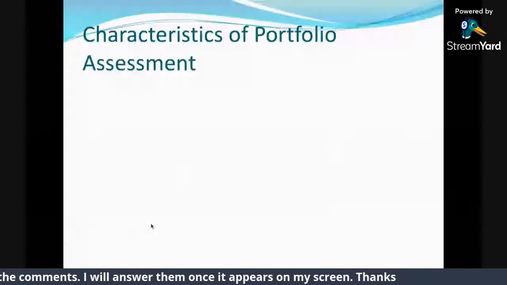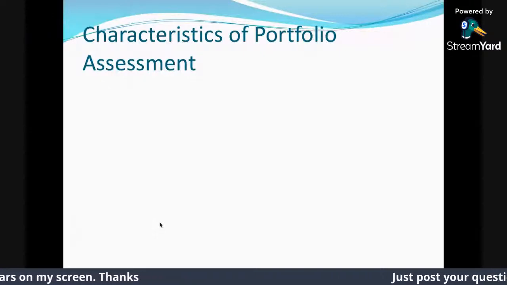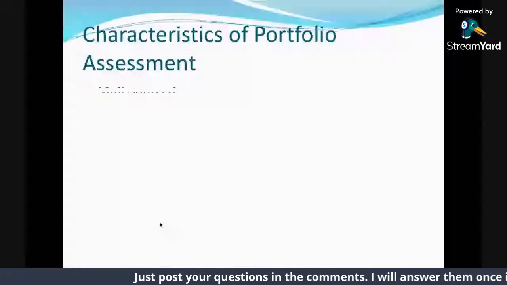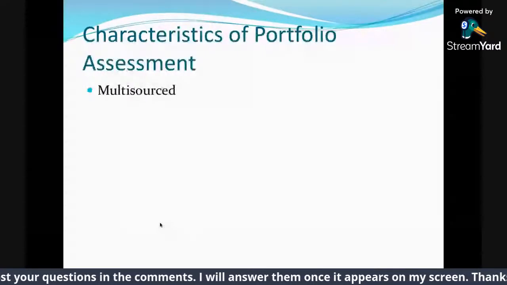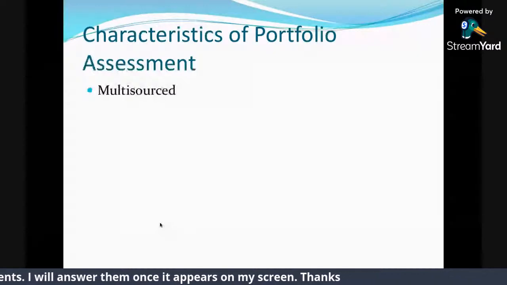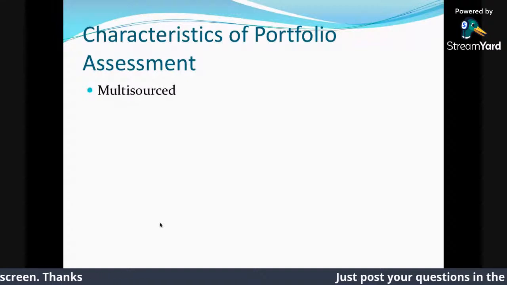All right, so we proceed to the characteristics of portfolio assessment. One is it's multi-sourced. Sabi natin yan kanina na pwedeng iba-iba ang panggagalingan ng ating mga entry para sa ating portfolio.